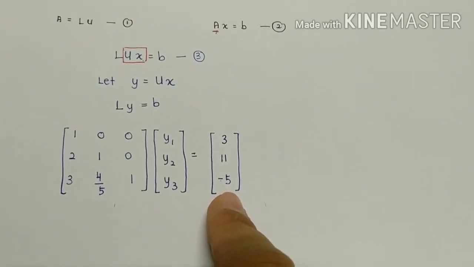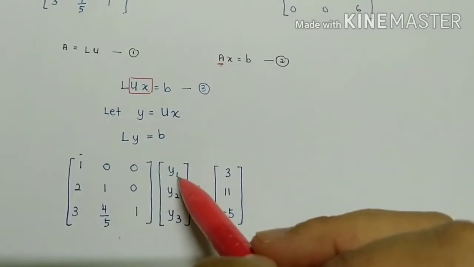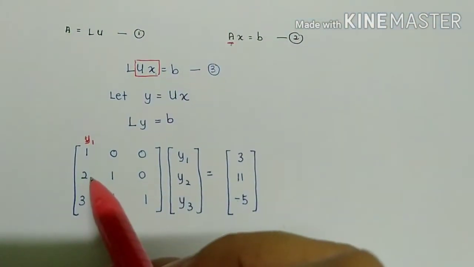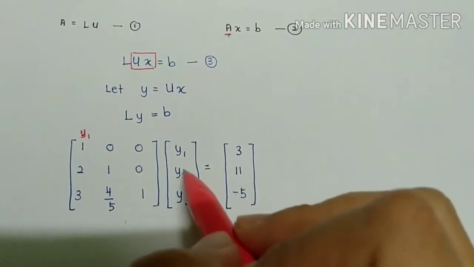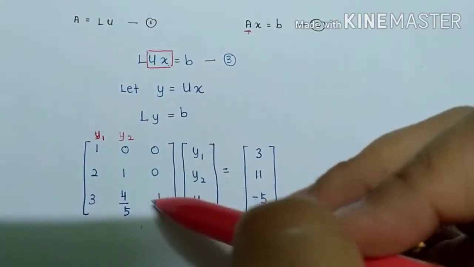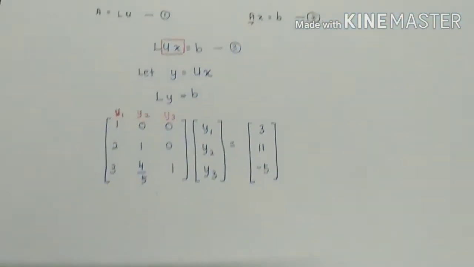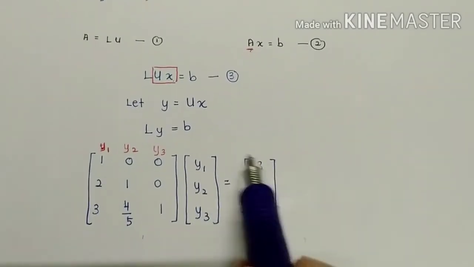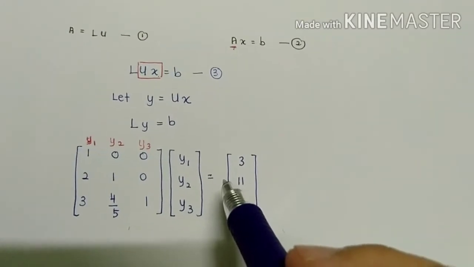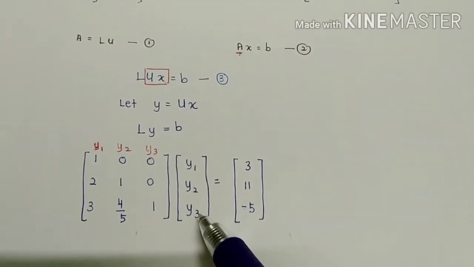I'll show you the shortcut. The first column is for Y1, the second column is for Y2, and the third column is for Y3. For the first row, we must write this matrix equation into linear equations to find the values of Y1, Y2, and Y3.